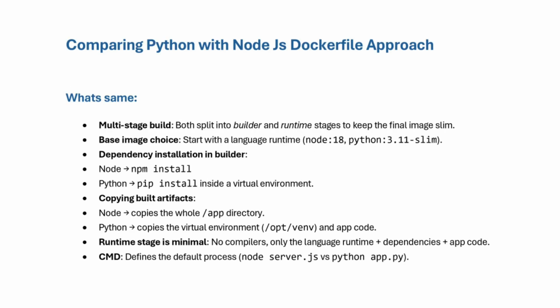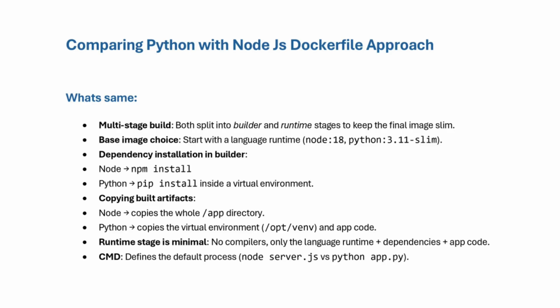Let's compare it with the Node.js Dockerfile approach. What's the same between them? Multi-stage build. Both are split into builder and runtime stages to keep the final image slim. Base image choice. This starts with the language runtime. For example, in the Node.js approach we have used Node 18, and in Python we have used 3.11 slim.